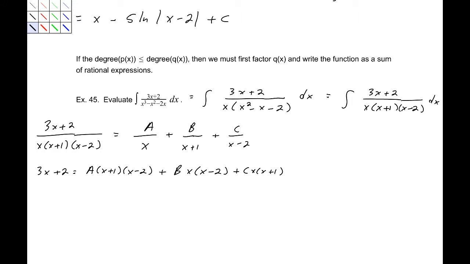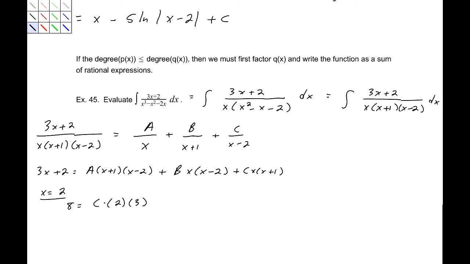Alright, so I'm going to choose some particular values of x. First I'm going to take x equals 2. Now you can maybe see why I'm doing that, because I have these x minus 2 factors in there. So if I plug in 2, that is going to be 8. 8 equals, the first term is 0, the second term is 0, this is c, x is 2, and x plus 1 is 3.